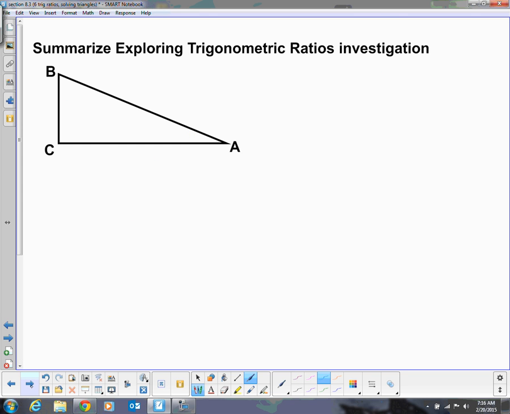All right. So now what they've done is they have defined 3 trig ratios. One is called sine, one is called cosine, and one is called tangent. And all these are ratios.